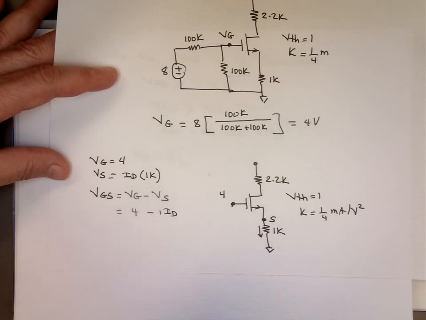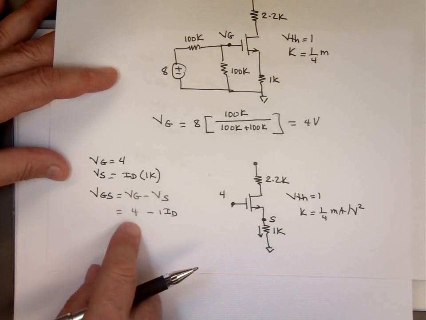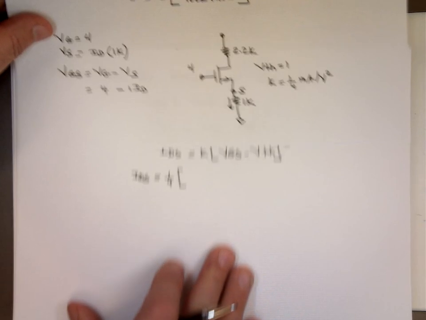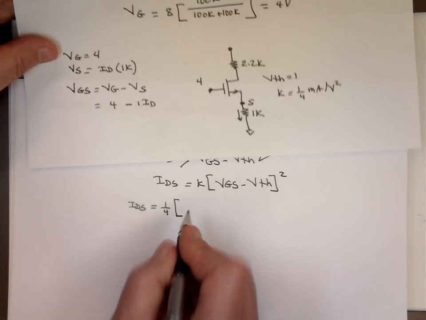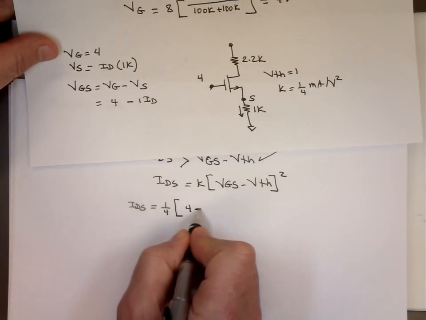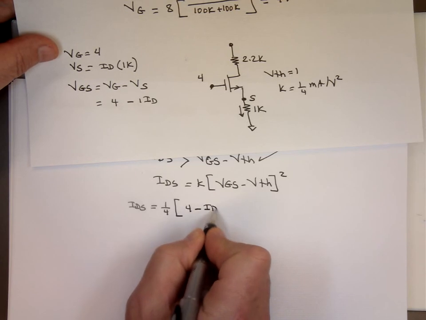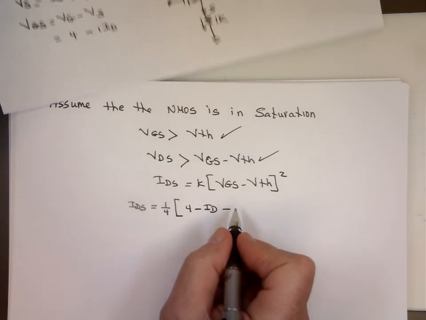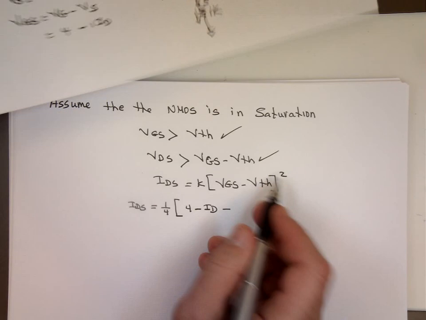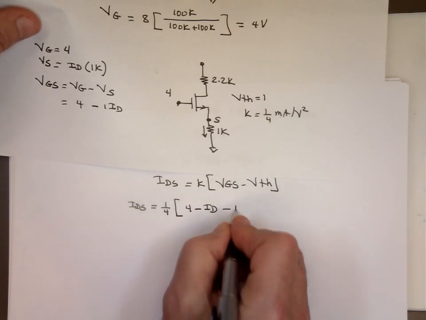K and this is milli, they cancel each other out. So if I go and replace VGS in this equation with 4 minus I sub D, minus the threshold voltage, which is given to us to be 1, and you square that.